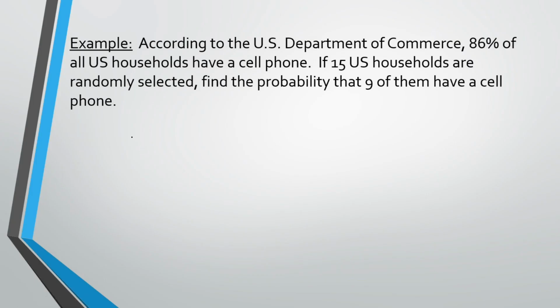Now, from now on, we're going to just use the calculator to do these calculations, but I still want to be able to understand what's going on in the problem. So, in this case, we'll look for n, p, and x again. Let's read the problem. According to the U.S. Department of Commerce, 86% of all U.S. households have a cell phone.